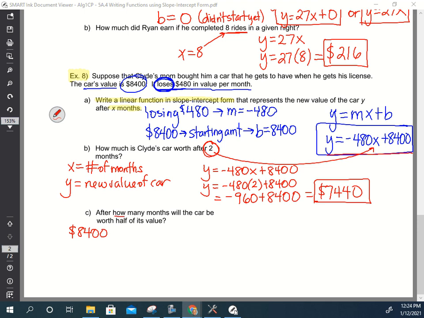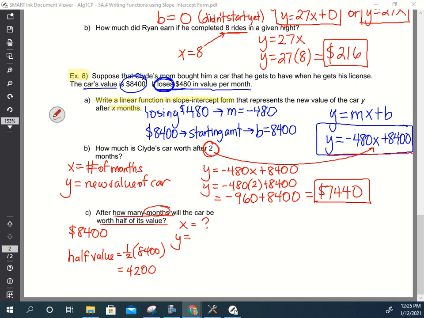After how many months will the car be worth half of its value? So months is x. So that means we don't know what x is going to equal. y, so half of its value. What's half of 8,400? It's 4,200.